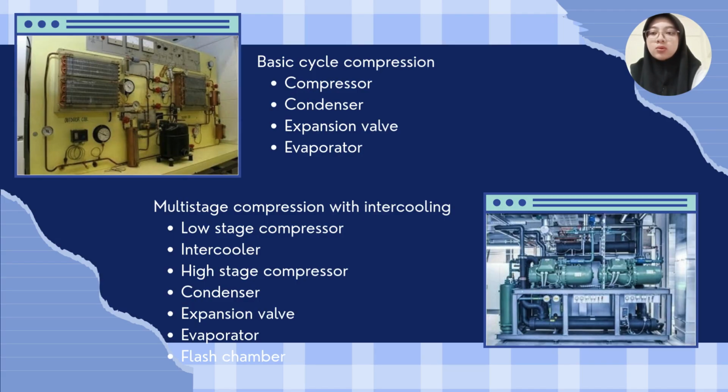A flash intercooler may also be used to separate and utilize flash gas. High pressure compressor: the vapor is compressed again to the condenser pressure. Condenser: the high pressure vapor releases its heat to the surrounding and condenses into a high pressure liquid.